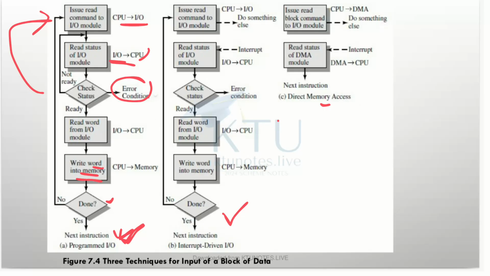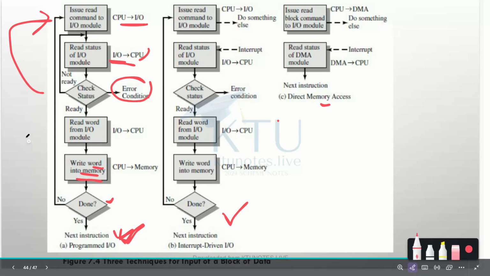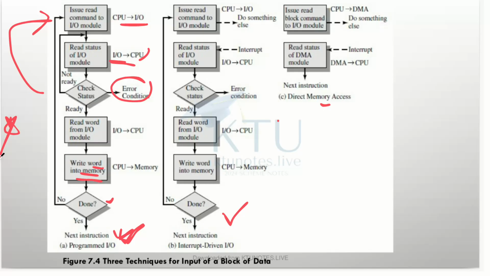In this video we have only discussed programmed IO in detail, and I will just repeat the steps. When the CPU is executing an instruction related to an IO, it sends a command to the IO module.